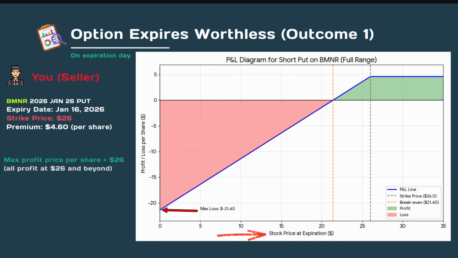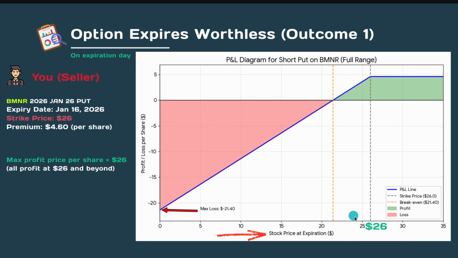Let us first start off by calculating the maximum profit. You can either logically reason this out, that because you sold these options at a strike price of $26, whenever the price at expiration is at 26 or higher, you're going to make a maximum profit. Or you can read this off the diagram.